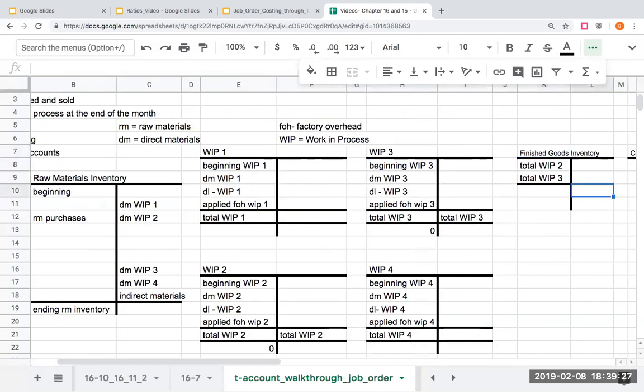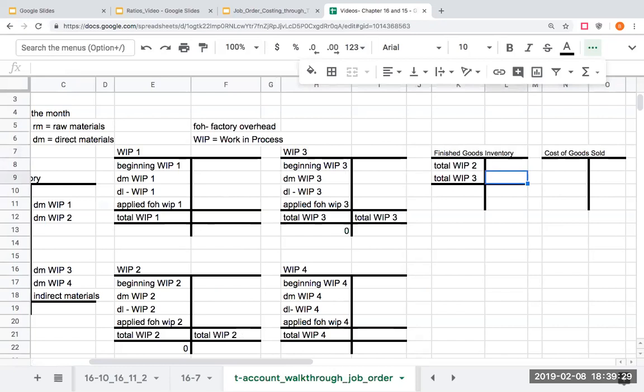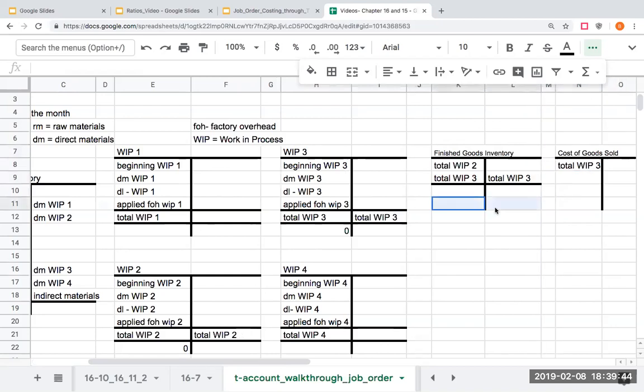But I'm not done yet. Why am I not done yet? Because over here, I've sold this WIP 3. So this WIP 3 then has to leave finished goods inventory, and it takes the final journey into cost of goods sold. So my ending balance in finished goods inventory should essentially just be my total of work in process 2. And in terms of my cost of goods sold, the ending balance should just be the total work in process 3.